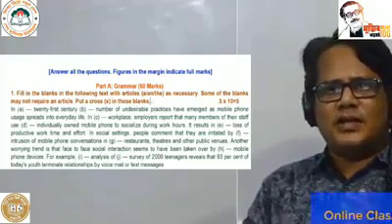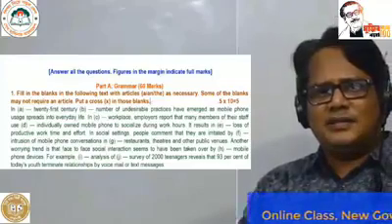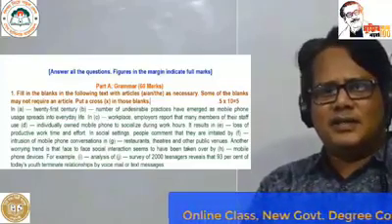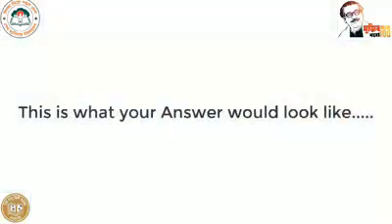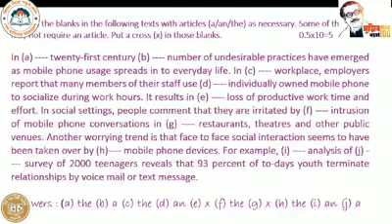Just write down question number A to J and write the correct article. This is what your answer would look like. Just write down the numbers like A, B, C, D, etc. and then write down the correct articles like the, a, the, and etc.